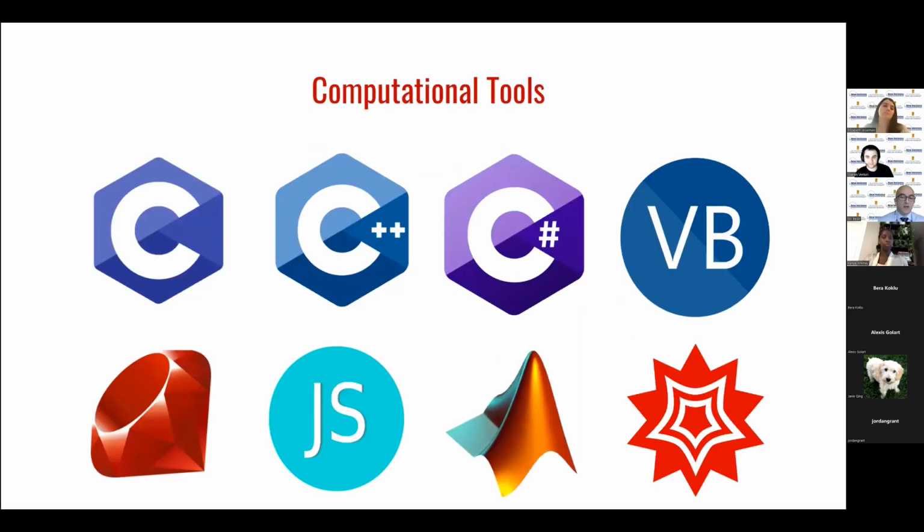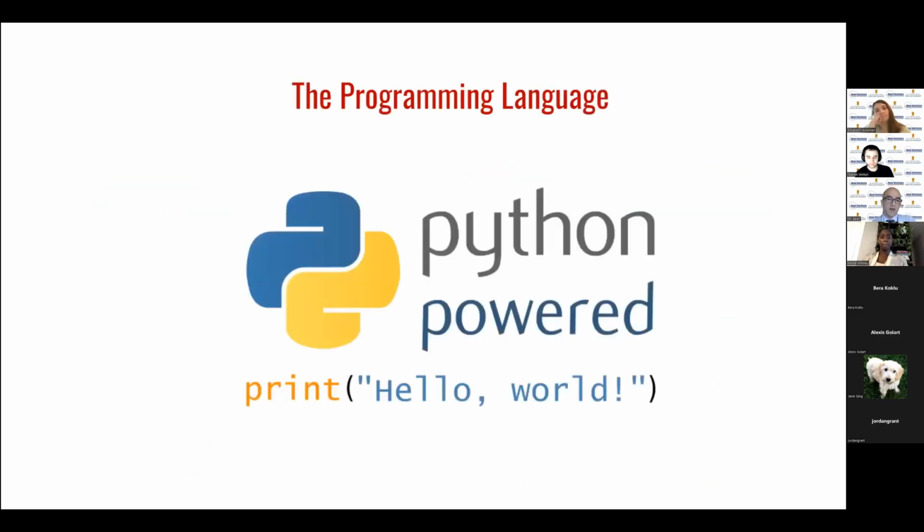Now, computational tools. There are many tools available today. Some are open source, for example languages such as C, C++, C#, and so forth. There is also proprietary software such as MATLAB and Mathematica. Specifically, we learn Python.